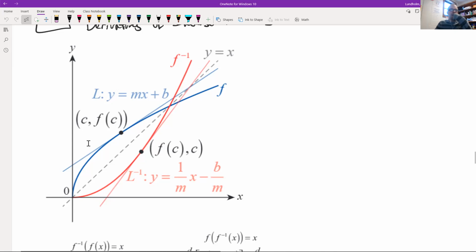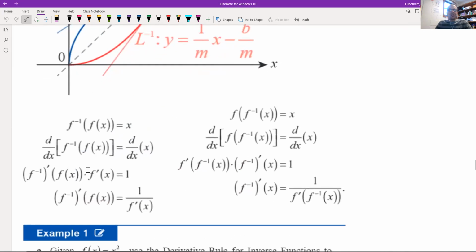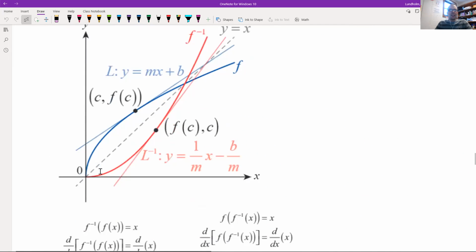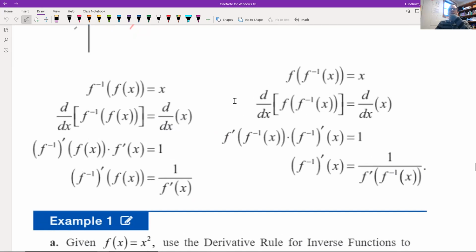That is cool. What we're going to do is find formulas for finding the derivatives of inverse functions using implicit differentiation.